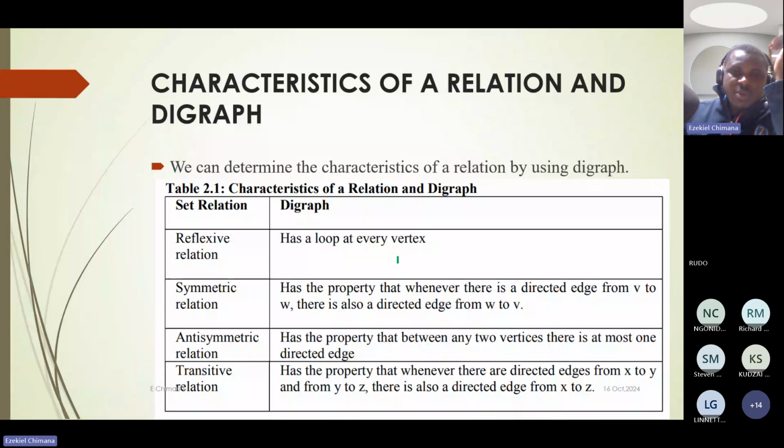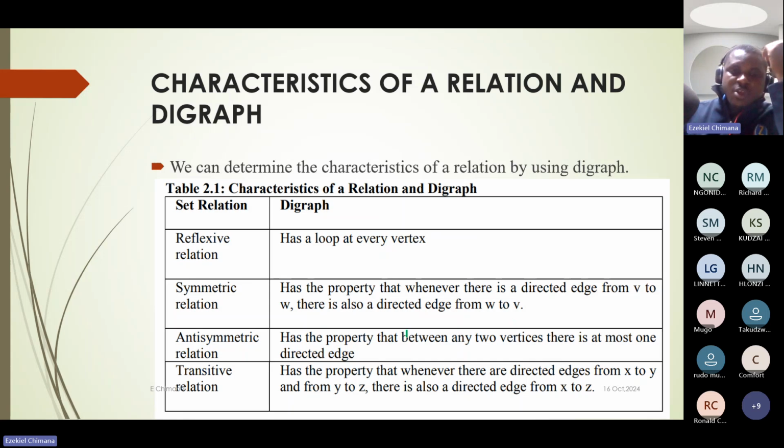Then from there you can say that this is reflexive. If it is a symmetric relation, whenever there is a directed edge from V to W, there is also a directed edge from W to V. So if you have one going from V to W, there must also be one going back from W to V. Antisymmetric is the property that between any two vertices there is at most one directed edge.